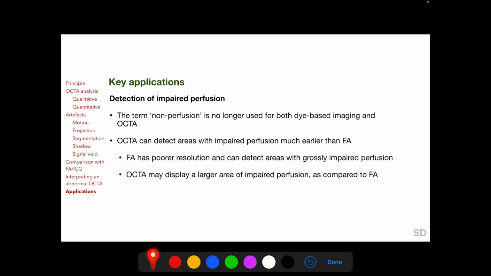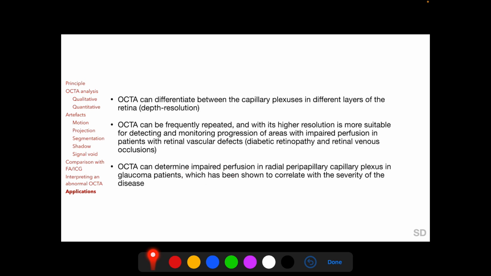Being non-invasive, OCTA can be frequently repeated and with its higher resolution is more suitable for detecting and monitoring progression of areas with impaired perfusion in patients with retinal vascular defects such as those with diabetic retinopathy and retinal venous occlusions. And as we have discussed, OCTA can identify impaired perfusion in the radial peripapillary capillary plexus in glaucoma patients, and the extent of impaired perfusion in the radial peripapillary capillary plexus has been shown to correlate with severity of glaucoma.